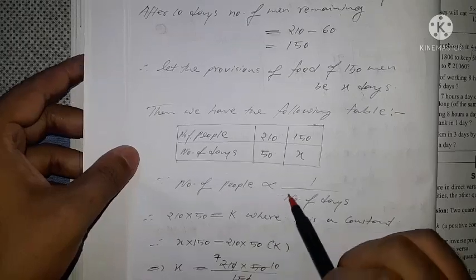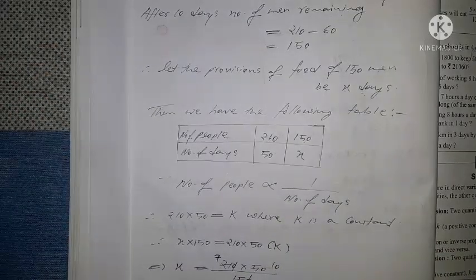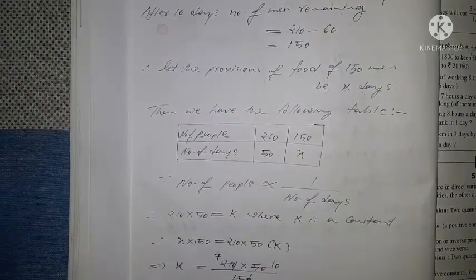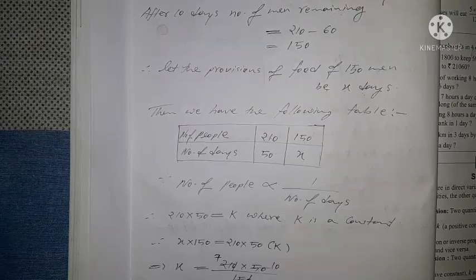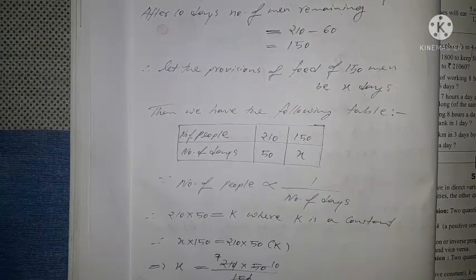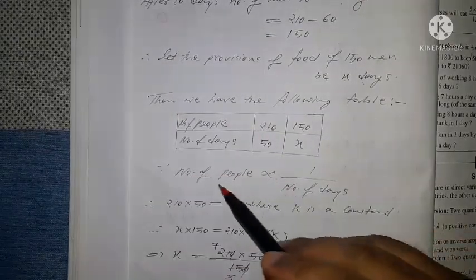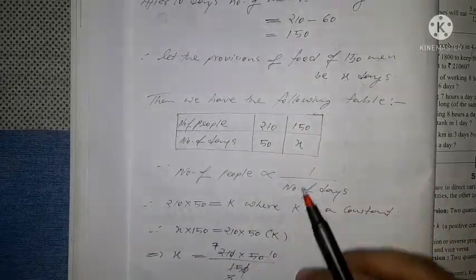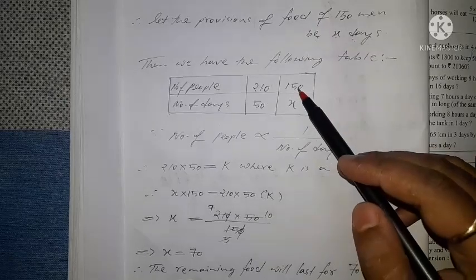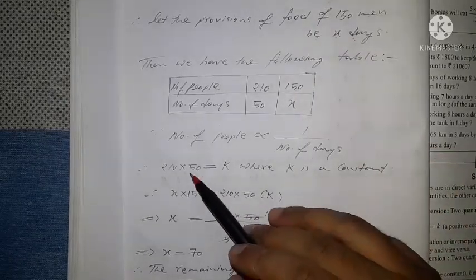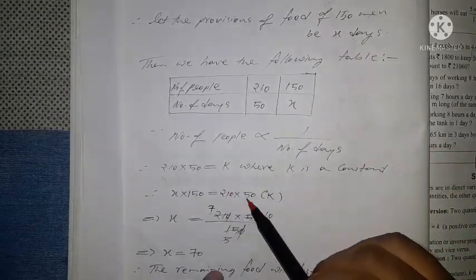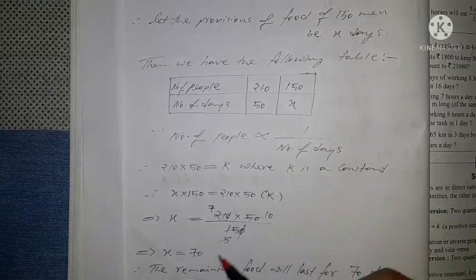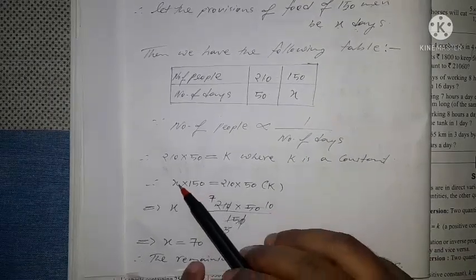Now the number of people is inversely proportional to the number of days. Obviously, if the number of people is more, then the number of days will be less. Hence, number of people into number of days, that is 210 into 50, is equal to k, where k is a constant. So therefore 150 into x is equal to the value of k, that is 210 into 50. So what is the value of x?